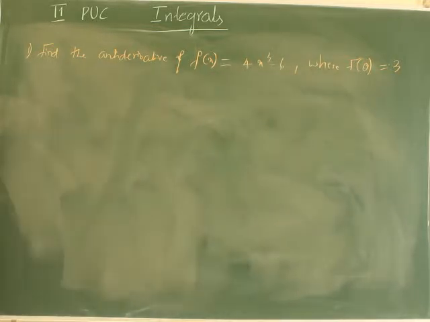First we have to find the antiderivative, and then we have to find the constant by using f of 0 is 3.